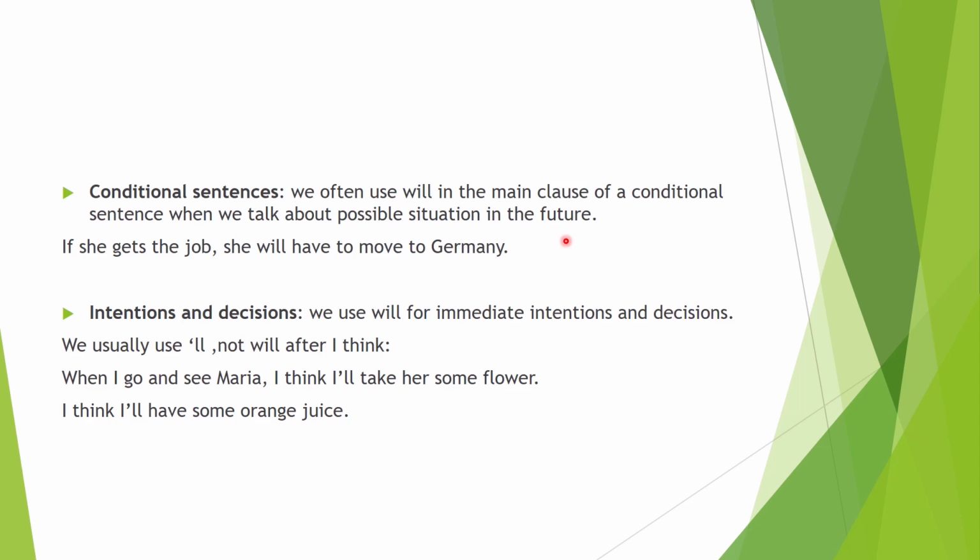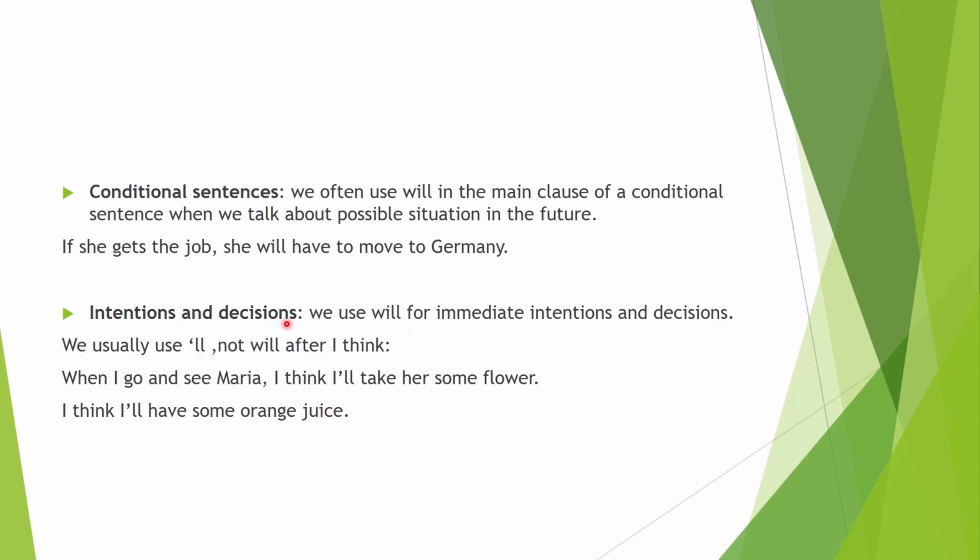If she gets the job, she will have to move to Germany. Now, this is a condition, or a possible situation. If she gets the job, then this will be the result, the consequence, or the possible situation in the future, that she may move to Germany.